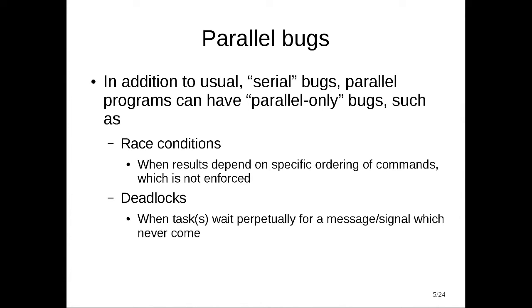Instead, we'll be focusing on parallel-specific bugs, which fall mostly in two categories, at least in the OpenMP context. One kind is race conditions, and the other kind is deadlocks. So let's consider those two situations in sequence.